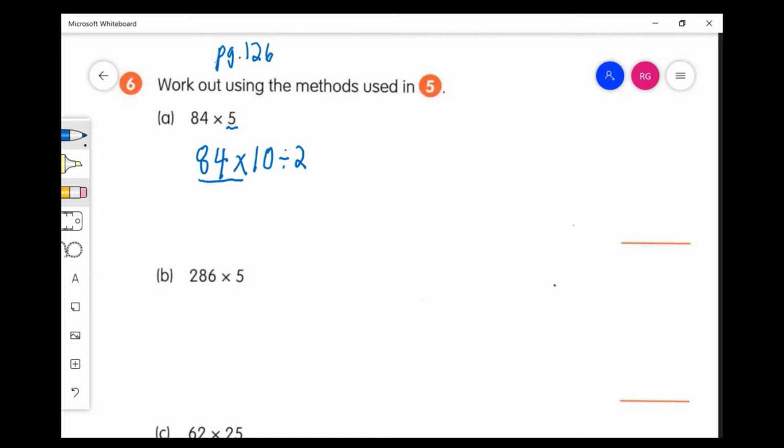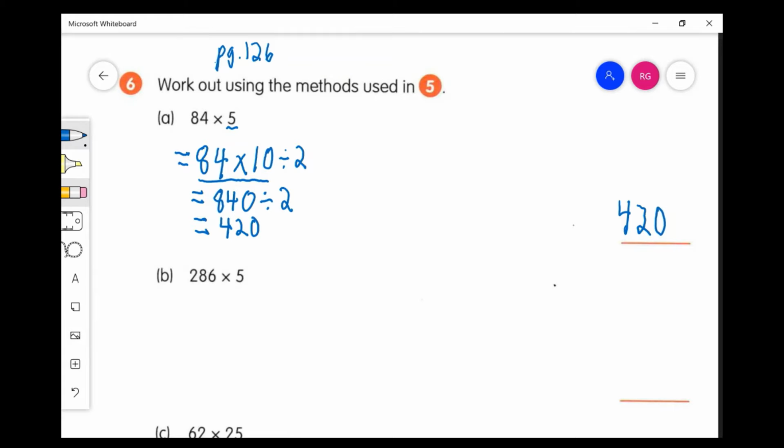And then I can simplify this part as 840 divided by 2. And now it's pretty simple. Okay, so I can easily see that that is 420. Alrighty, so you can write 420 on this line here.